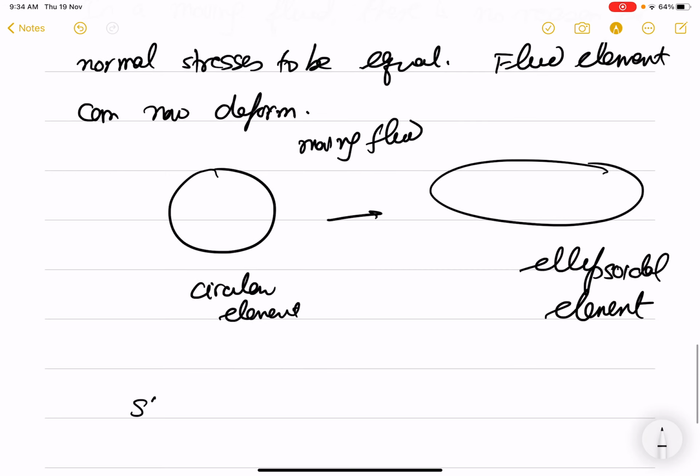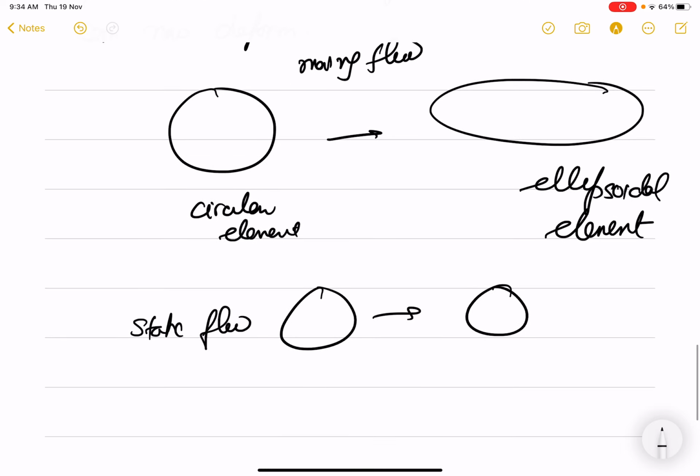In a static fluid, the circular element will stay circular and with the same volume. So if this radius is r, this radius will also be r. In a static fluid, same shape, same volume, because there is no movement.